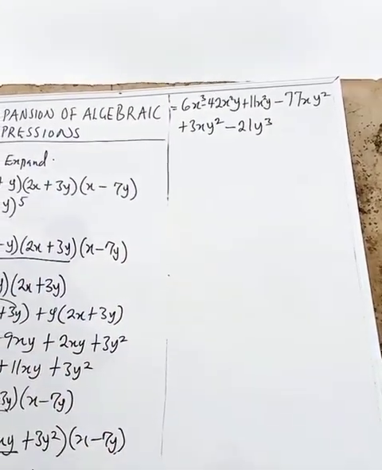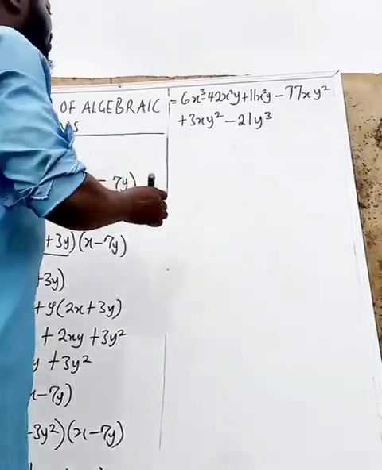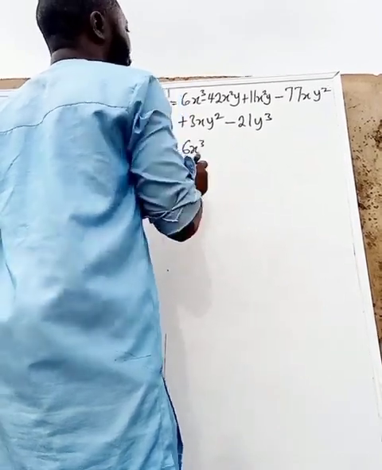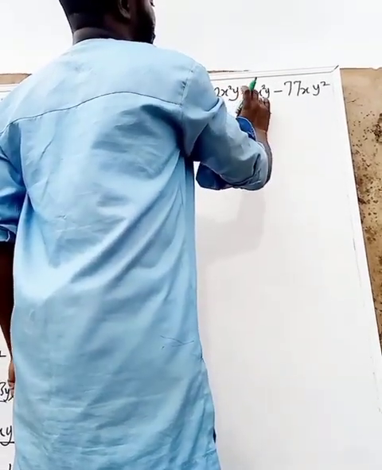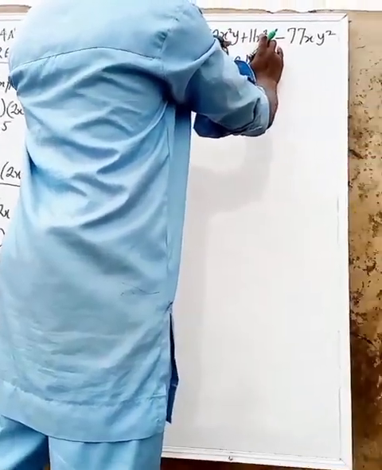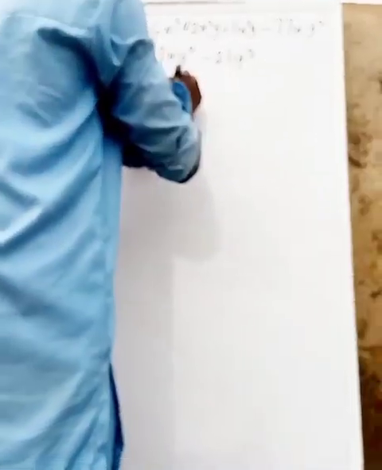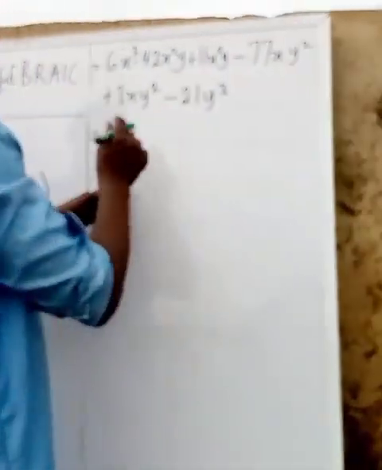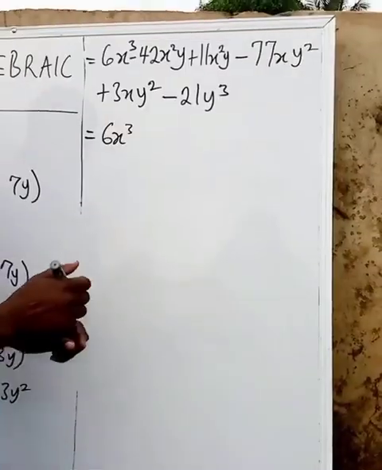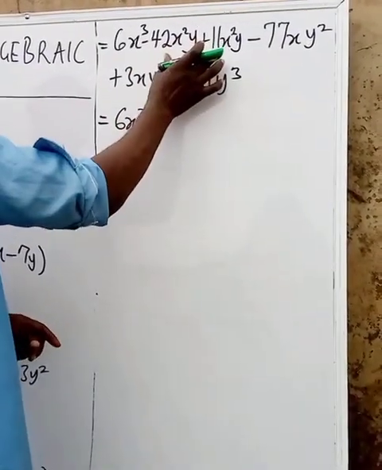Now let's add the like terms together. So we have 6x to the power of 3. Here we have x squared y, this is another x squared y. 42 plus 11, that's 53. No, sorry. This is negative, this is positive. So addition of positive and negative numbers together, you are indirectly subtracting.